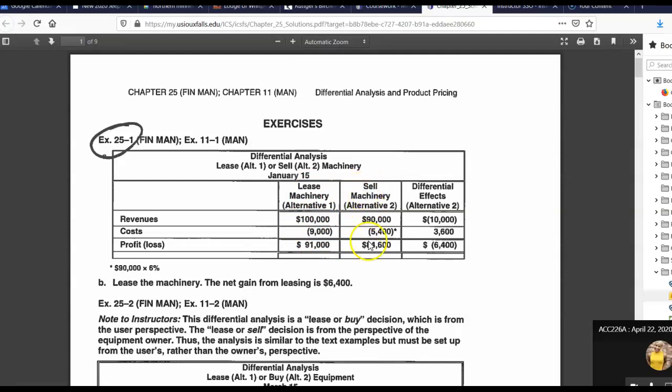And then if they sell it, what does it look like? So again, ultimately, it's a $6,400 difference. I don't care if you note that as positive or negative, but what we're saying is alternative one is $6,400 more favorable than alternative two. I'm just going to scroll down through these. If you've got questions, please, by all means, interrupt me, okay?